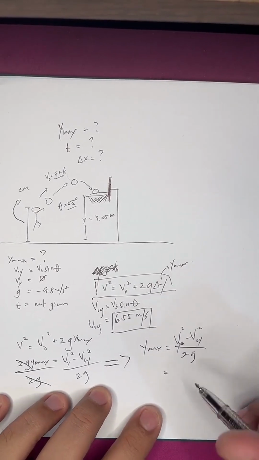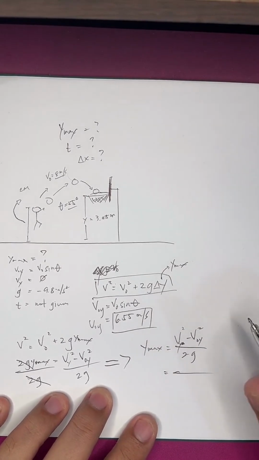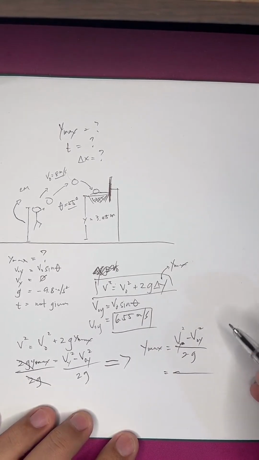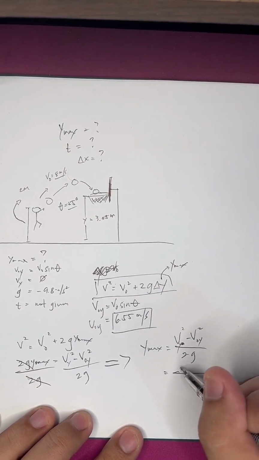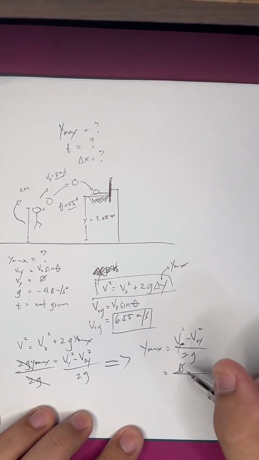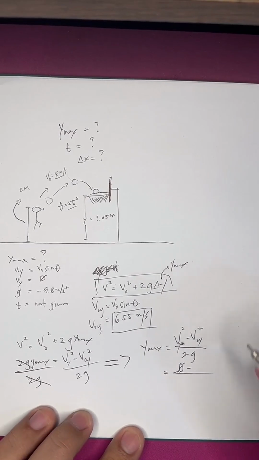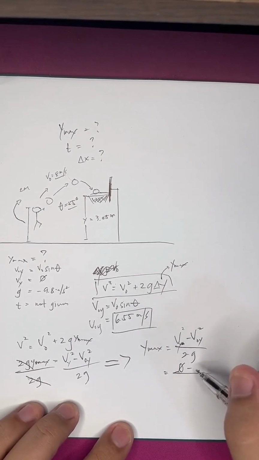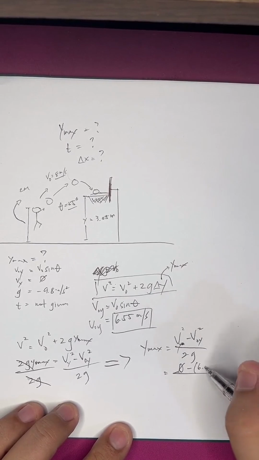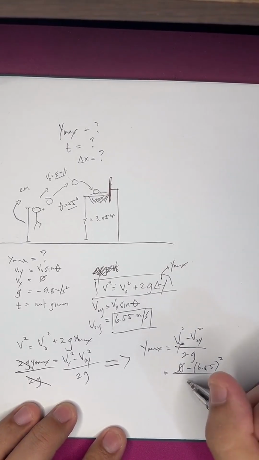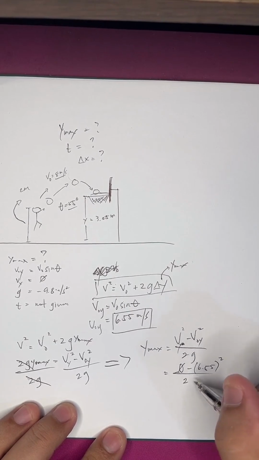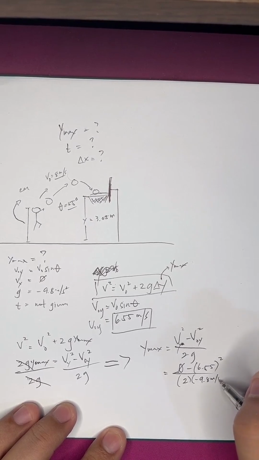So, substituting the values, we know that since we are at y max, then the final velocity of the object is 0. So we subtract the square of 6.55, and all divided by 2 times negative 9.8 meters per second squared.